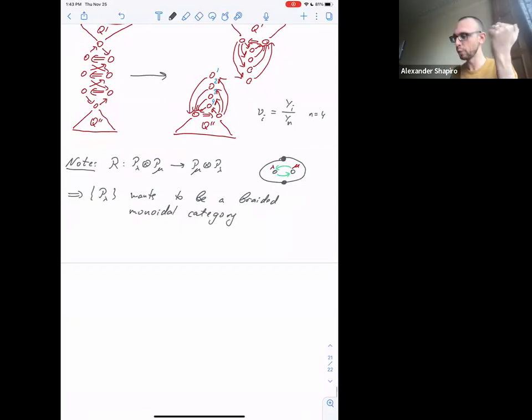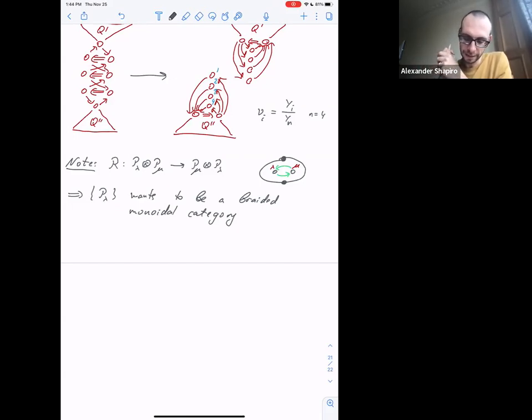And why do I say wants to be rather than is a braided monoidal category? Well, it's obviously braided because we have a braiding given by the R matrix. It's kind of monoidal because we can tensor multiply, and the only factors in the composition are from this family. The problem is that if you want to say monoidal, you also want a trivial object, a representation that you multiply by and get, like a unit in the algebra.